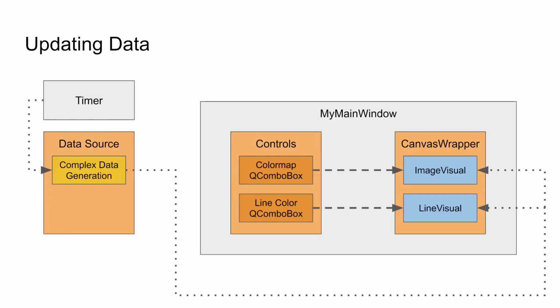In part 3, we added a timer and a data source. The timer would trigger every some number of seconds and would call the complex data generation function. This function would then emit a signal to tell the canvas wrapper to update the image and line with new data.